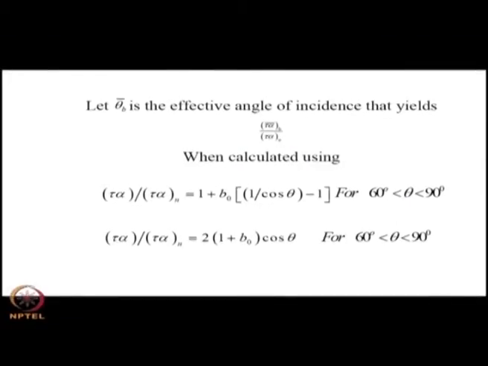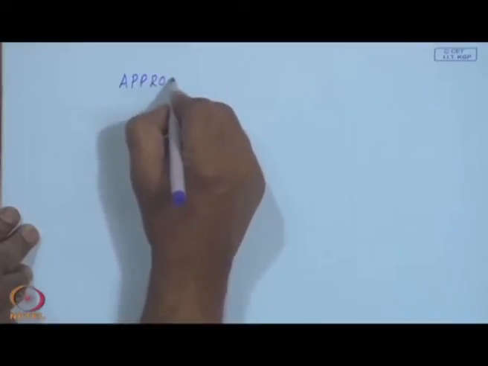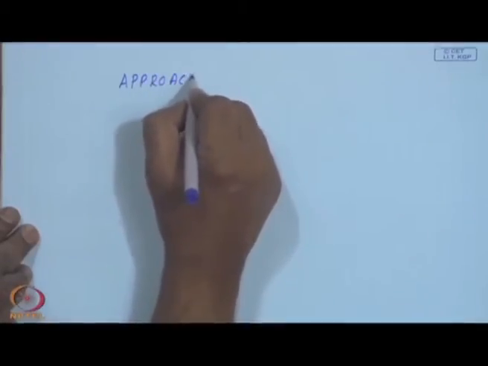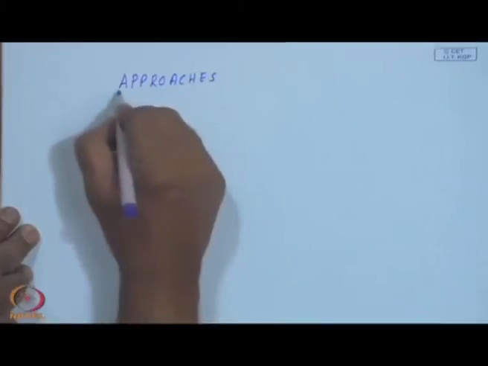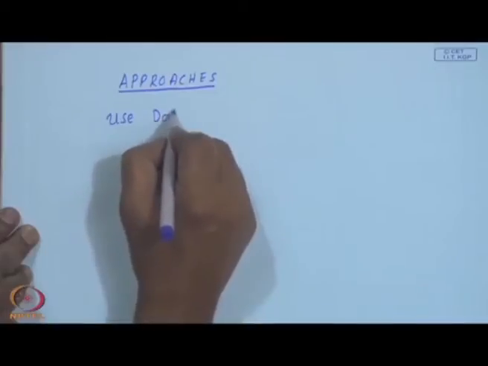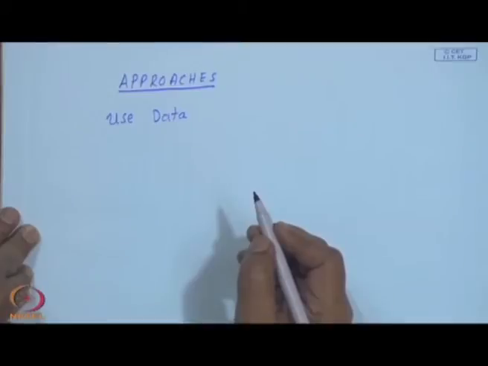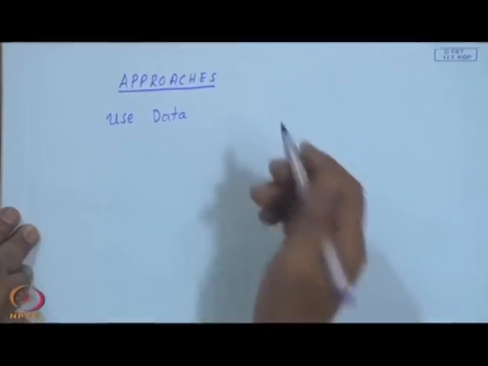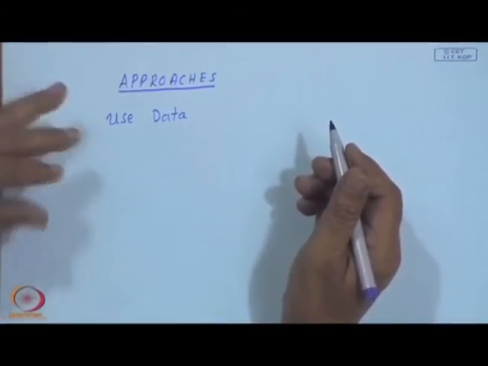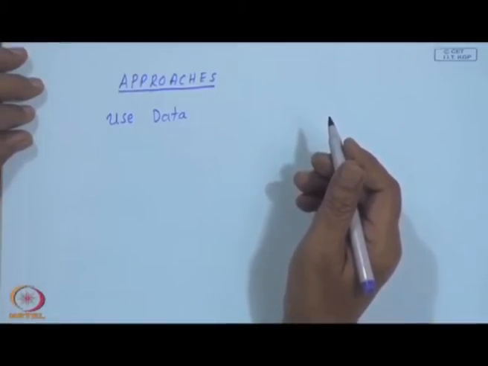What are the approaches that are available? Use data. So, you have a large database like TMY2, but it covers about 25 degrees latitude to 49-50 degrees latitude, or it may not be covering all the lower latitudes. That is one part.